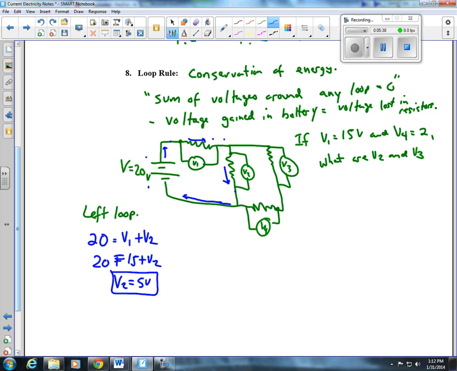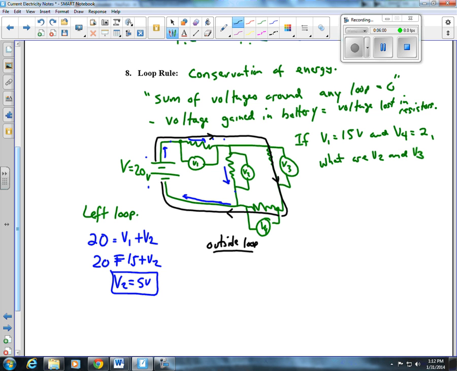And then I will do the outside loop. Okay, for the outside loop, current's going to come out of the battery. It's going to go through V1. It's going to go through V3. It's going to go through V4 and come back like that. I'm going to do the same type of thing.